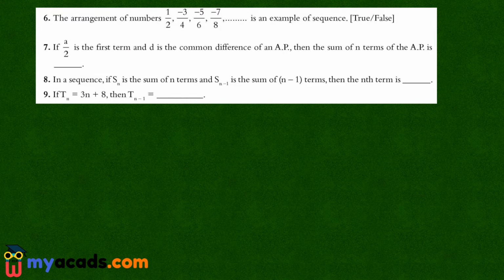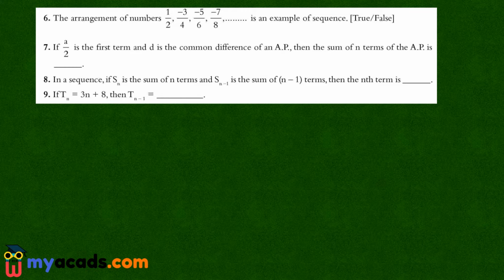Let's solve question 6. The question 6 is, the arrangement of numbers 1 by 2, minus 3 by 4, minus 5 by 6, minus 7 by 8 and so on is an example of a sequence, true or false. Now I know that a sequence is a set of numbers following some logical rule. So here I can see that my denominator is an even number and my numerator is an odd number, but here the first is positive and the rest are negative.